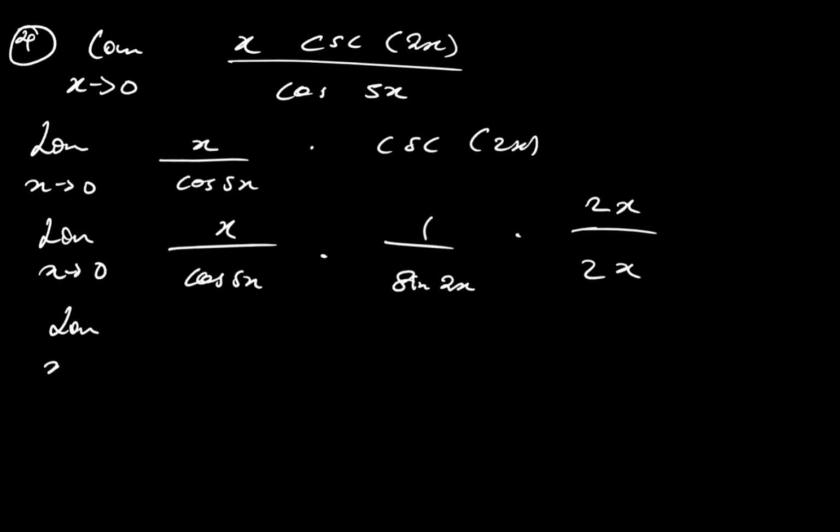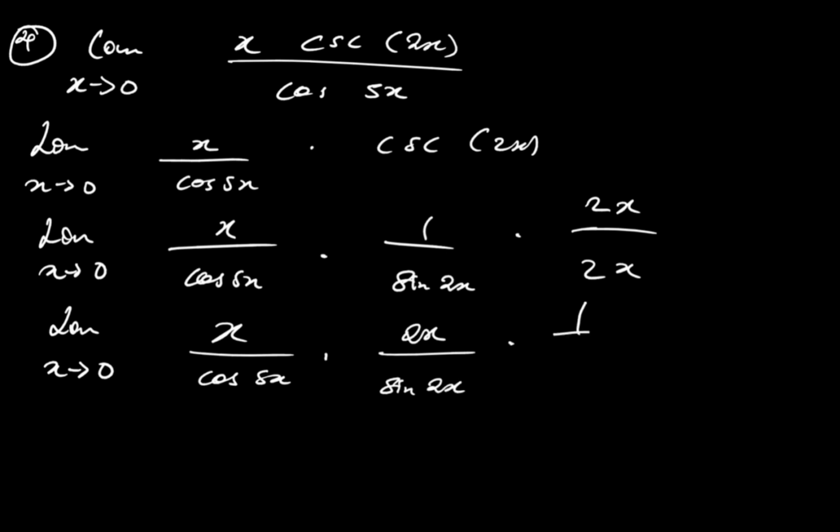The limit as x approaches 0 of x over cos 5x times, let's put 2x there, over sine 2x, then times 1 over 2x.